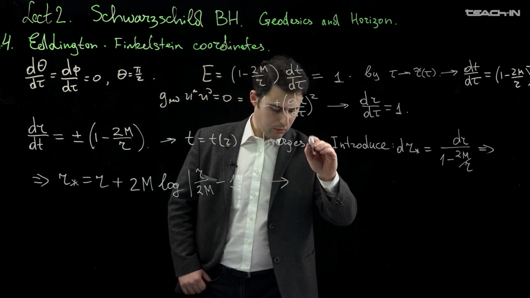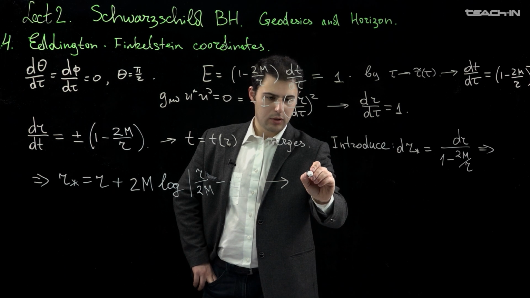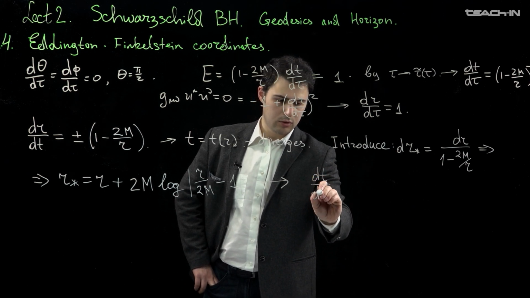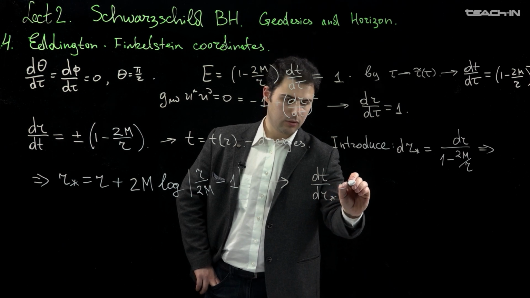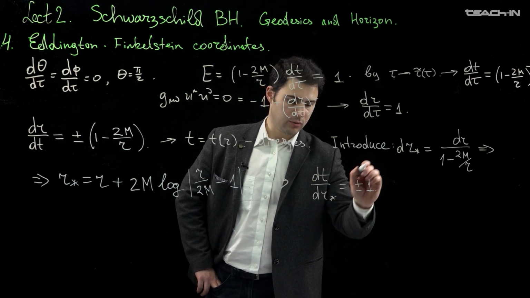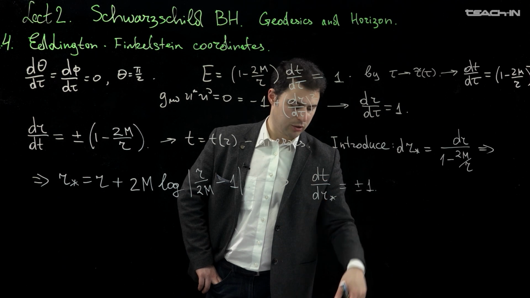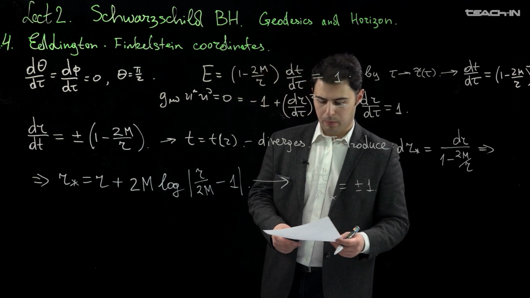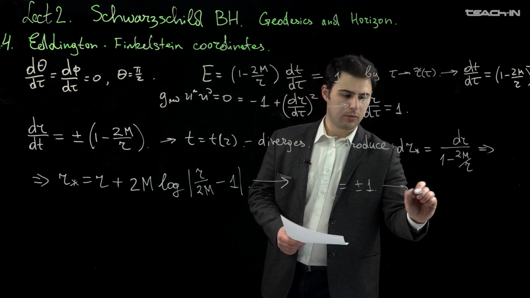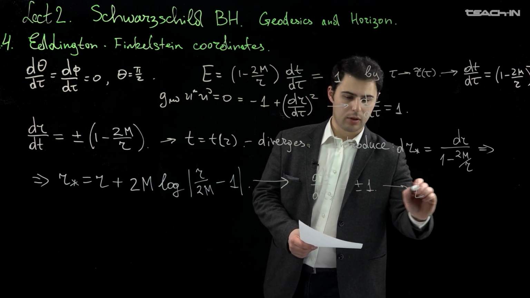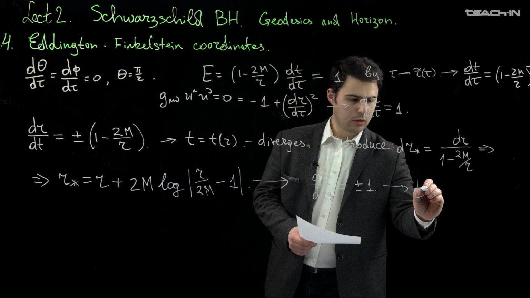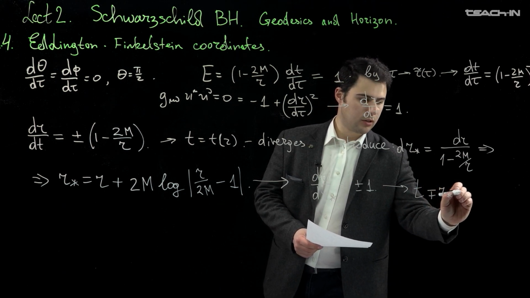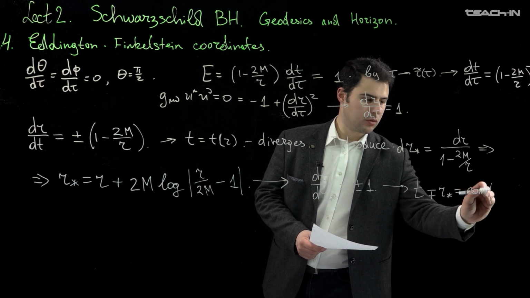We have dt/dr* equals plus or minus 1 depending on the direction. Therefore, integrating it, we get t minus or plus r* equal to some constant.